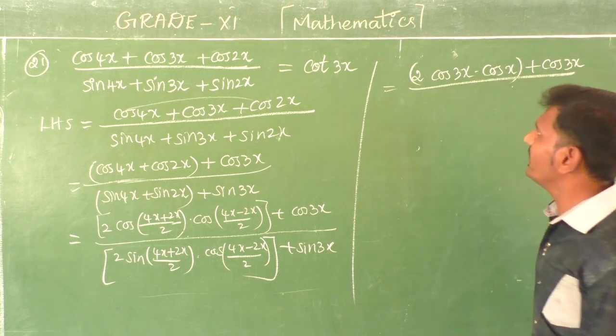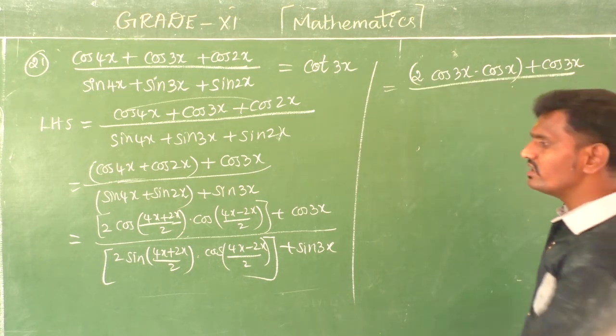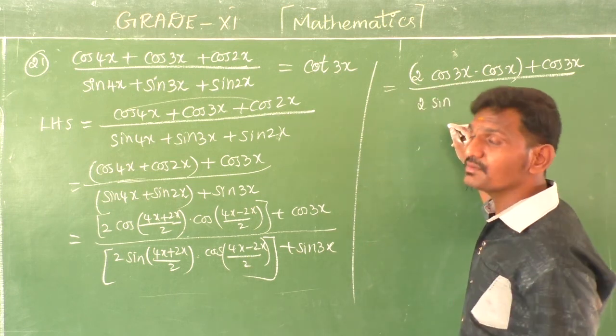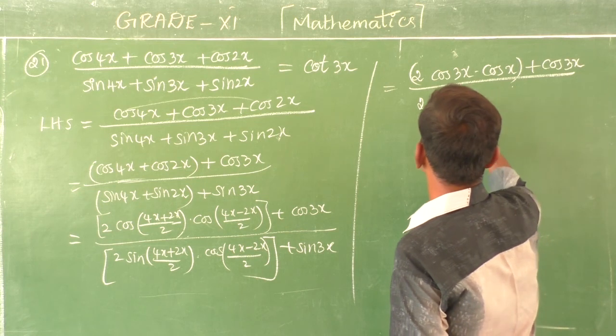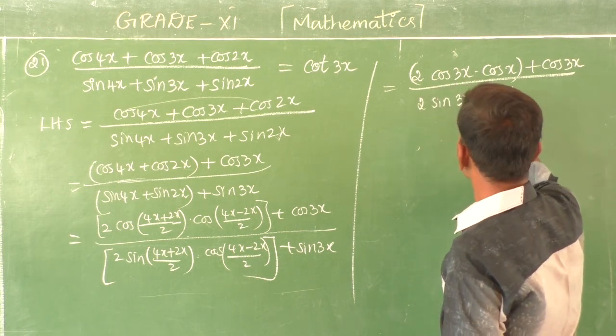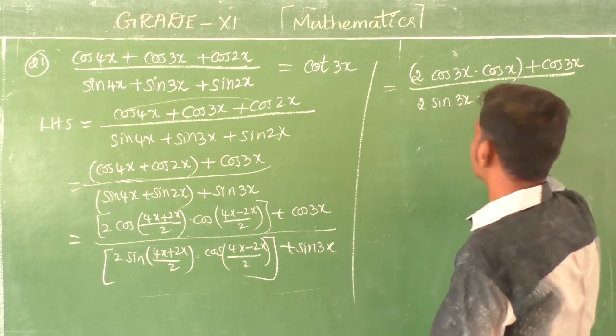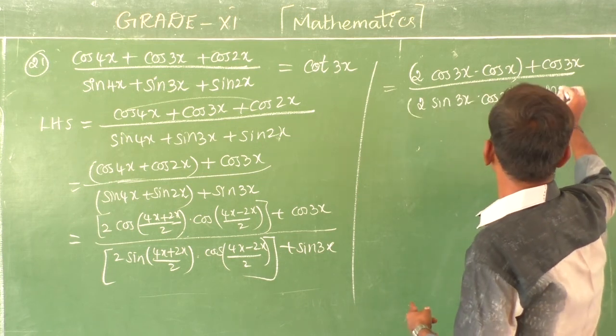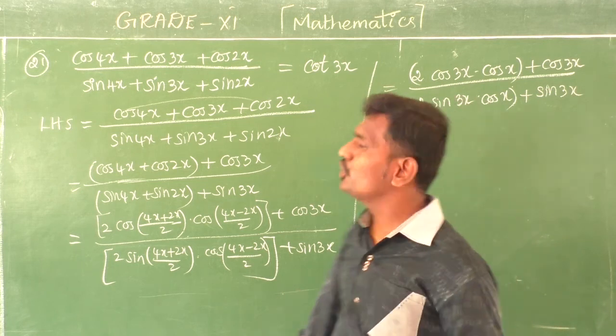Whole divided by 2 sin 3x into cos x, plus sin 3x.